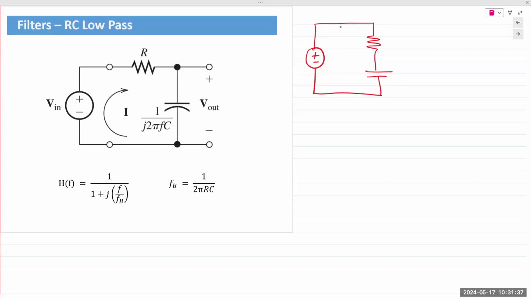So you have R, you have C. The current I flows in this direction. Point of entry is plus, point of exit is minus. In this circuit, the output is taken across the capacitor.